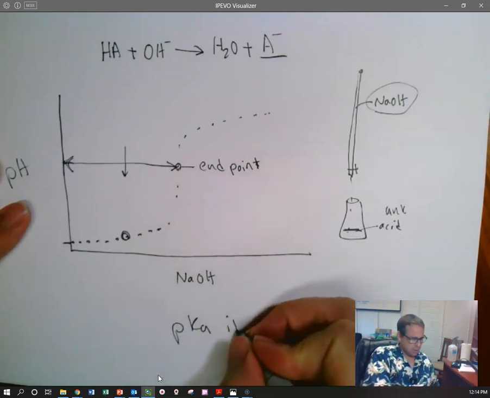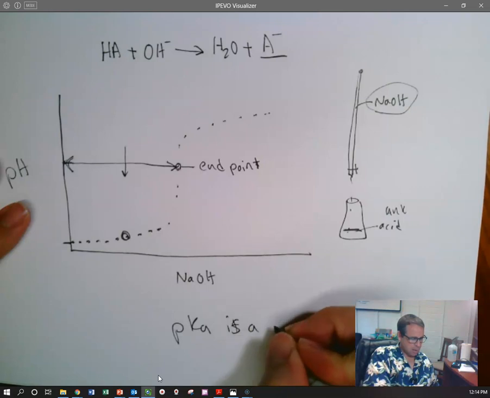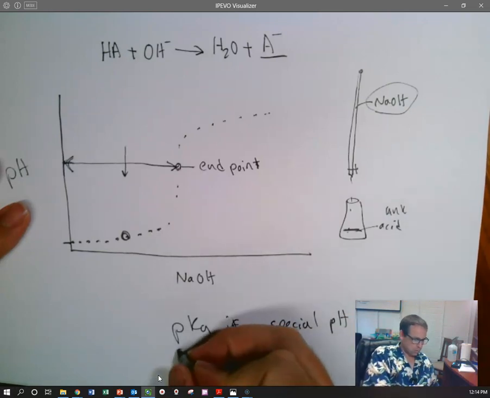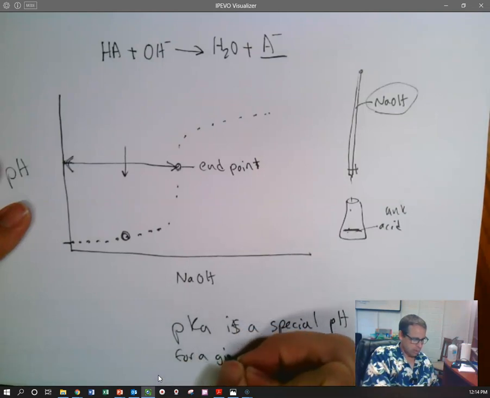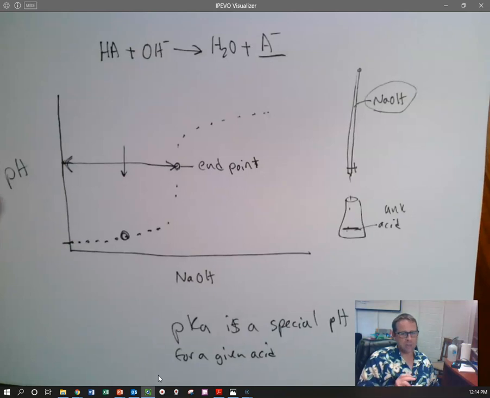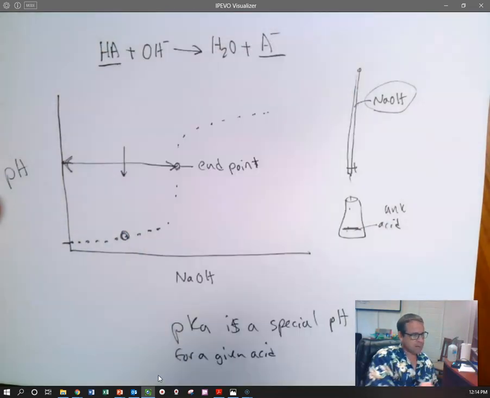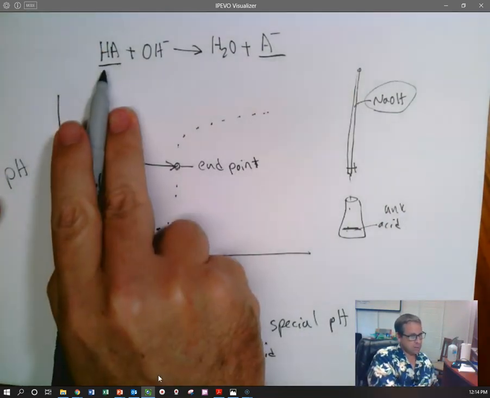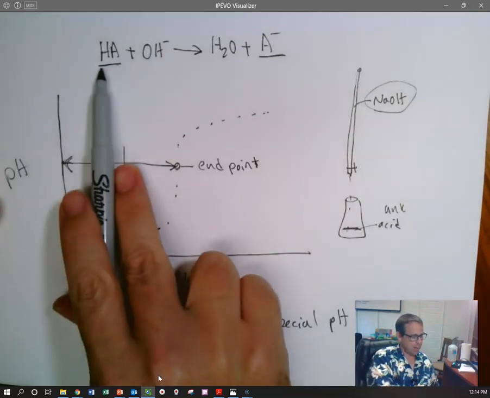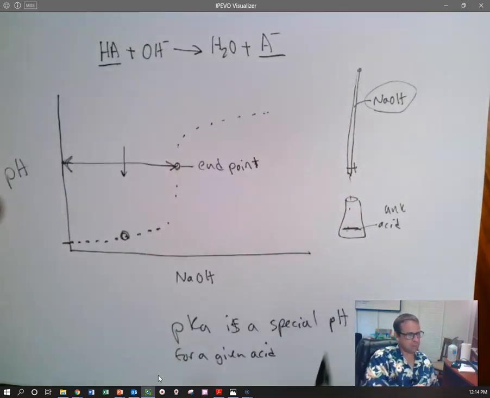The pKa is a special pH for a given acid. It's the pH that will result when half of the acid is with its hydrogen and the other half is without. So if you have a solution where half is with its hydrogen and half is without, then you'll be at that special pH, which is called the pKa.